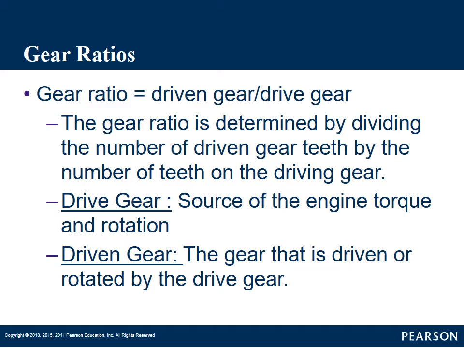We can determine this gear ratio by dividing the number of teeth on the driven gear by the number of teeth on the drive gear. I'll show you how we do that in a minute. But it's important to understand the difference between the driven gear and the drive gear. Drive gear is your input, your source of power, and your driven gear is your output, where it's transmitting the torque either to the drive wheels or to another part of the transmission.